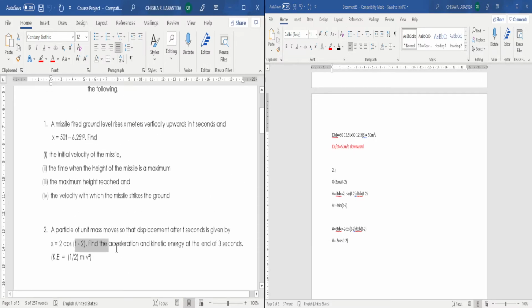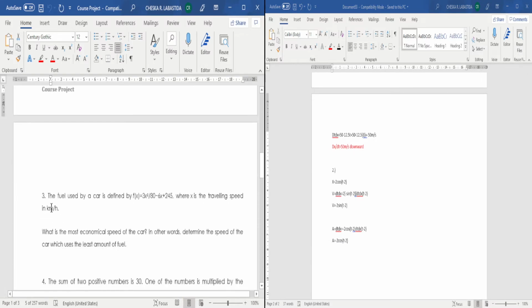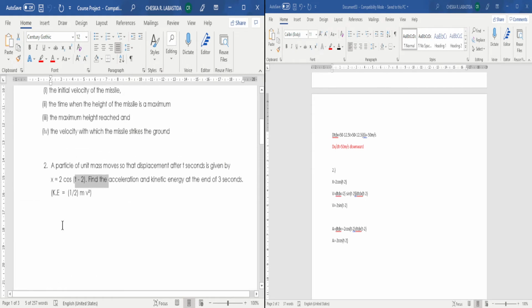So that's how we get the acceleration here.